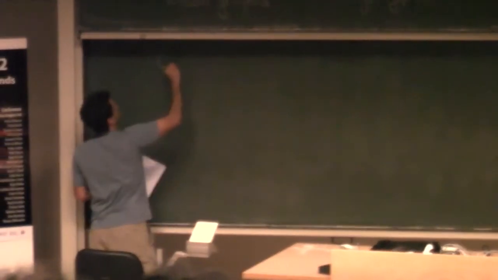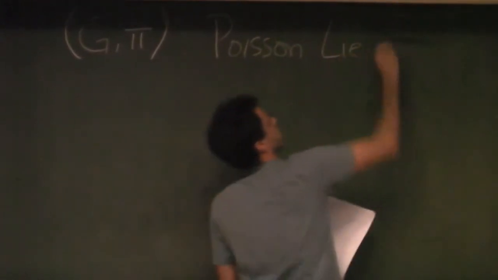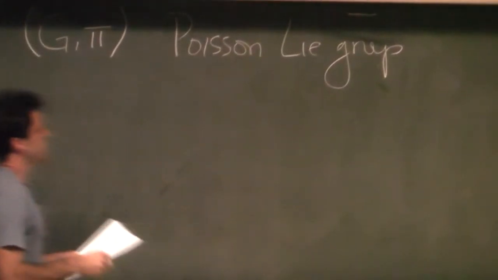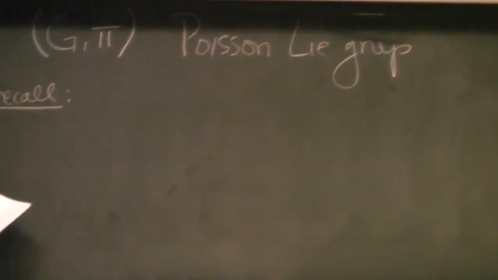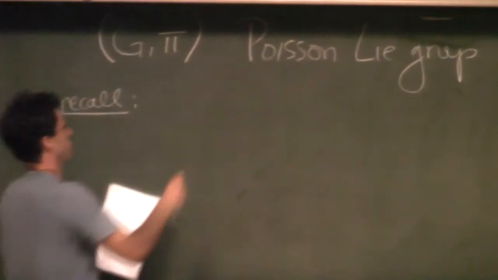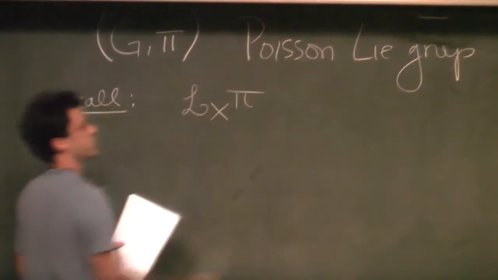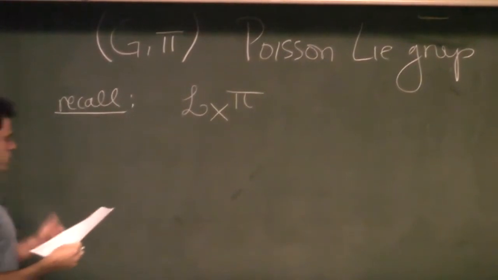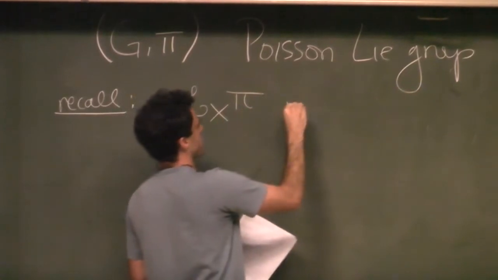Okay, so let's consider a Poisson Lie group. And let's recall a property that I left as an exercise to be checked, which is the fact that whenever you take the derivative of a multiplicative bivector field, or even multivector field, by something that is right invariant, the result is right invariant.